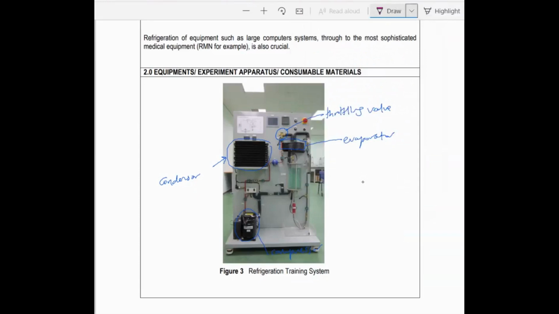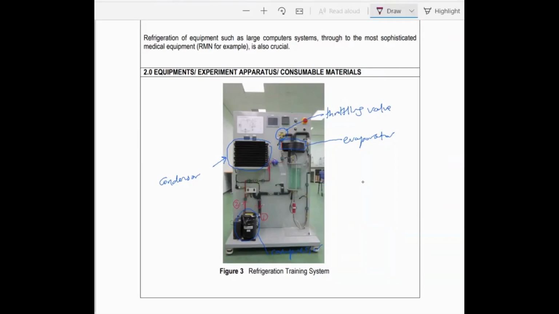The process starts from before the compressor, let's say number 1, and after the compressor, number 2. Number 1 goes inside the compressor, and the outlet of the compressor goes to the condenser, goes up, and comes out back here.